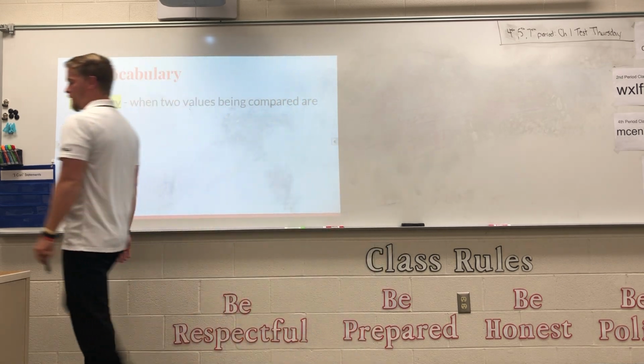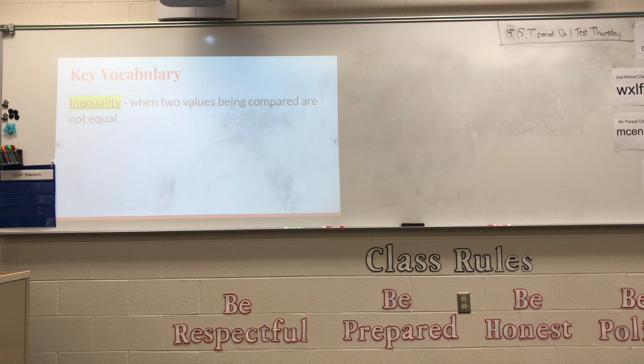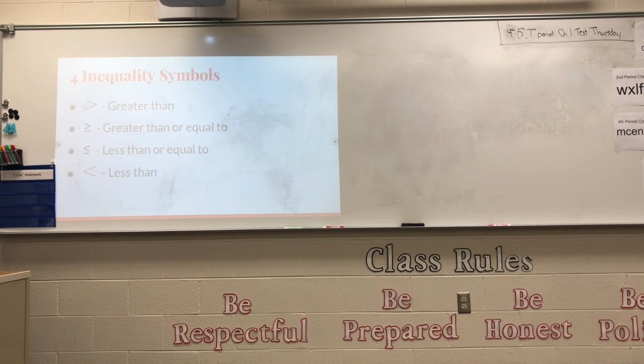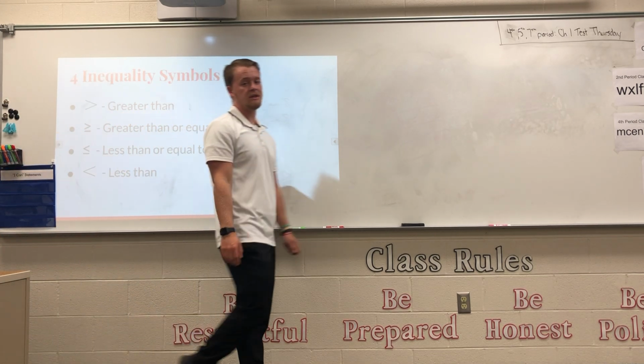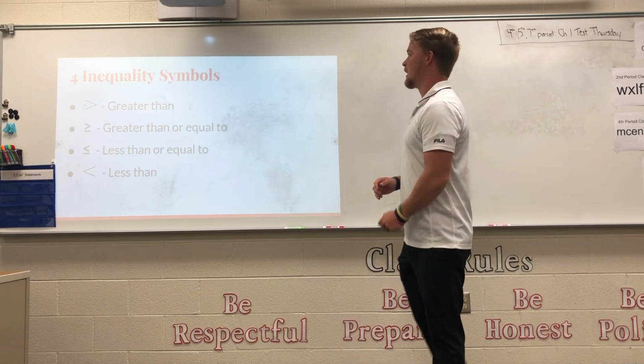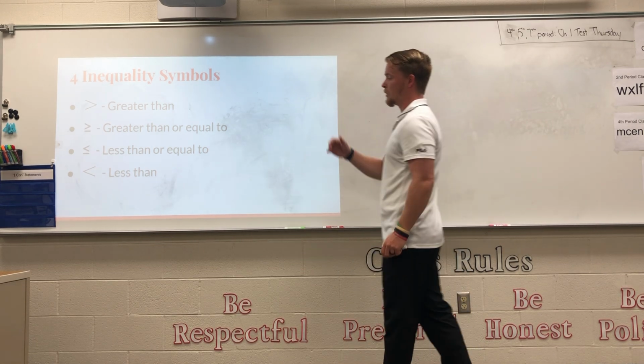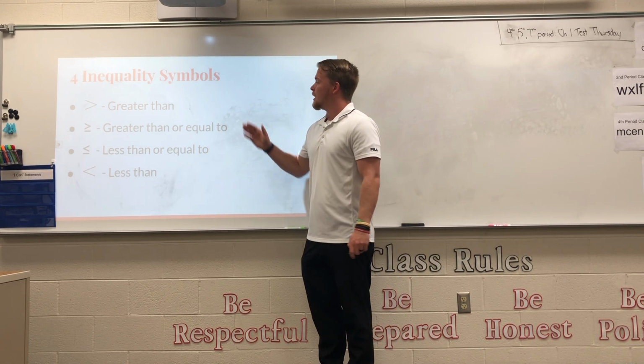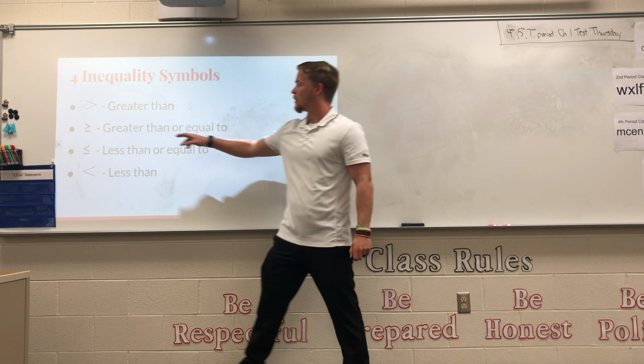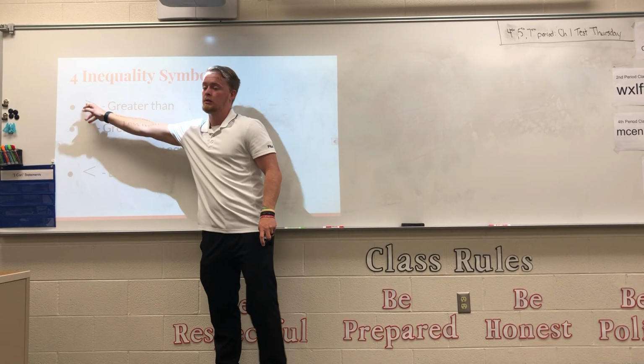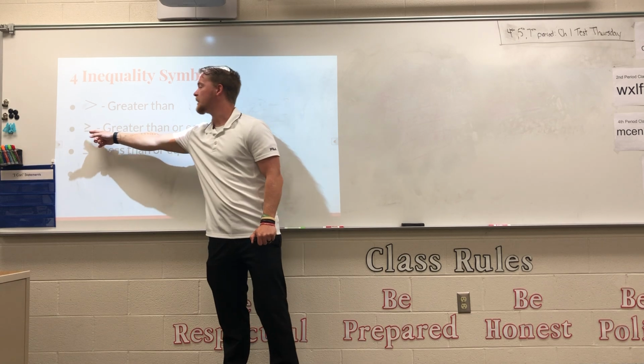Okay, so for this section, there will be 4 types of inequalities that we deal with, mainly. So again, I would pause the video, write these down. The 4 main inequality symbols are greater than, or equal to.